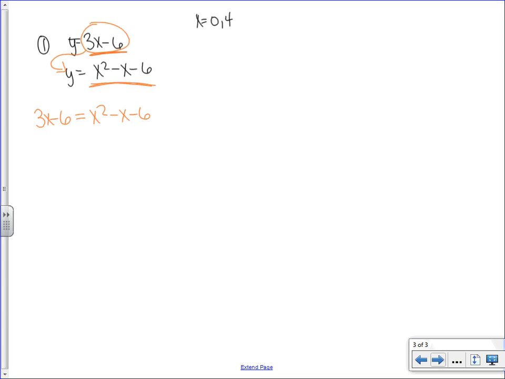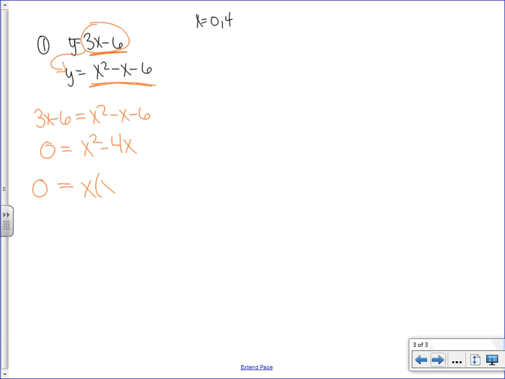Now we have a quadratic, and whenever we want to solve a quadratic, we want to get it equal to 0 so we can factor. So I'll move everything over. I'm going to get 0 is equal to x squared minus 4x. I subtracted the 3x over and I added the 6 over. Now, when I'm solving this, remember the first thing we look for when we factor is the GCF.